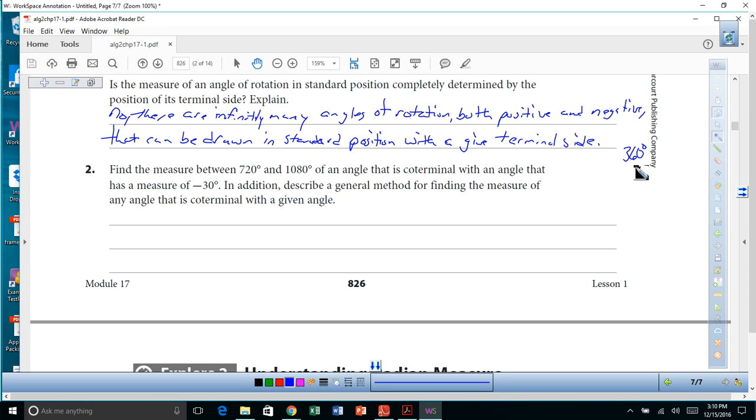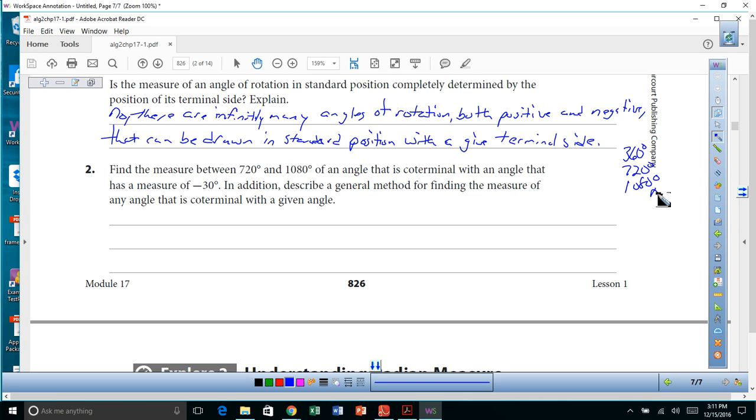If you do 2 revolutions, that's 720 degrees. And if you do 3 revolutions, that's 1080 degrees. And you can keep on going, just add 360 to the last one, and it goes around and around. Okay, you want to find something between 720 and 1080, and it has a measure of negative 30.